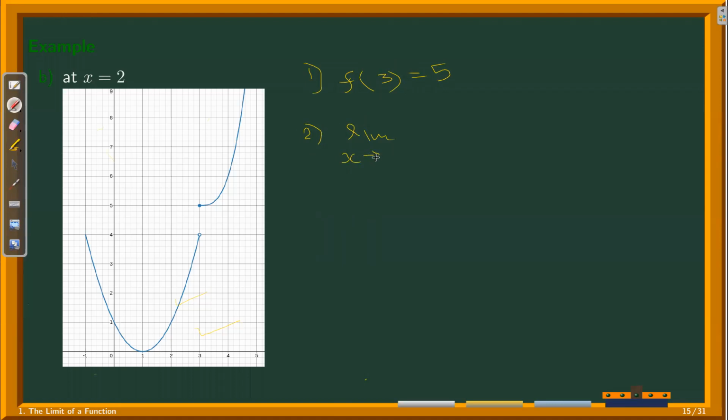As x goes to 3 minus, it is 4. No, sorry, 4.